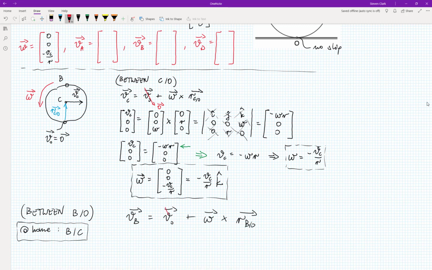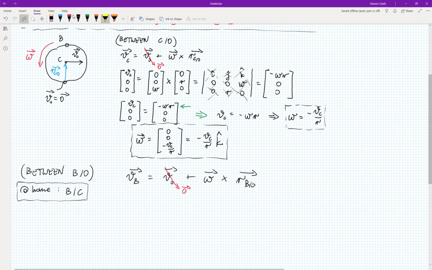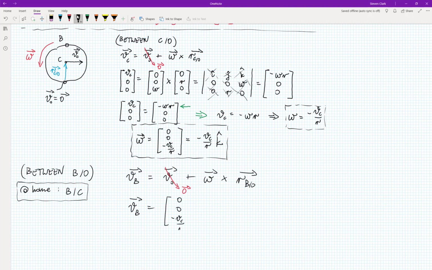Again, our VO is 0. And our VB has the following expression. VB is equal to (0, 0, minus VC divided by R) times this vector. Let me draw it first. I think that RBO is here. This is RBO. And its components are (0, 2R, 0).